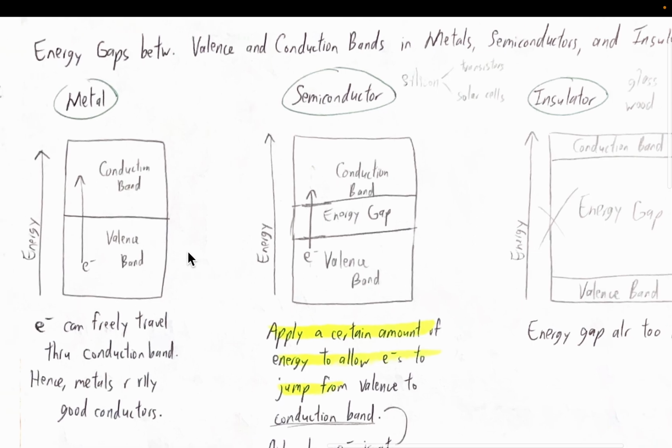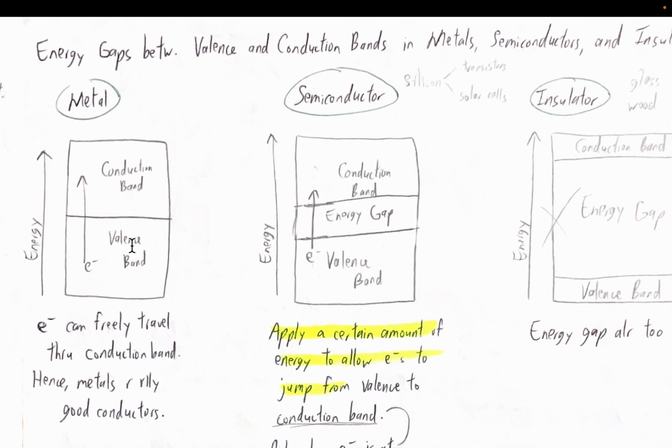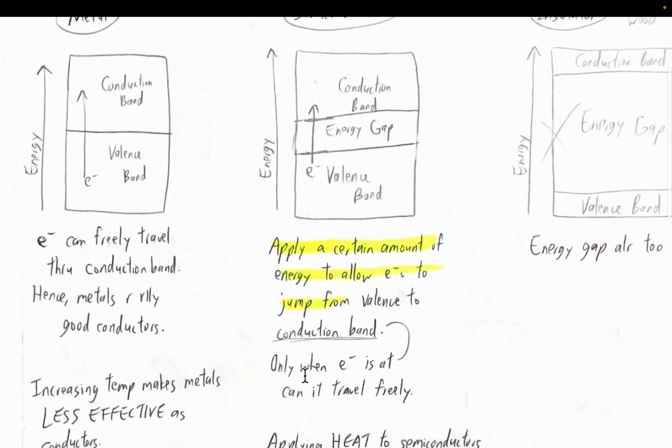Unlike the previous illustration, we have an energy gap this time in the middle. So you need to apply a certain amount of energy so that electrons would be allowed to jump from the valence band to the conduction band. Because of this energy gap, you need to apply a certain amount of energy.